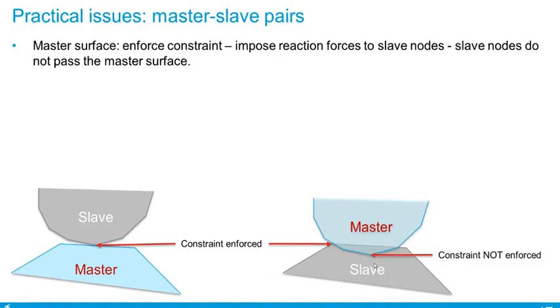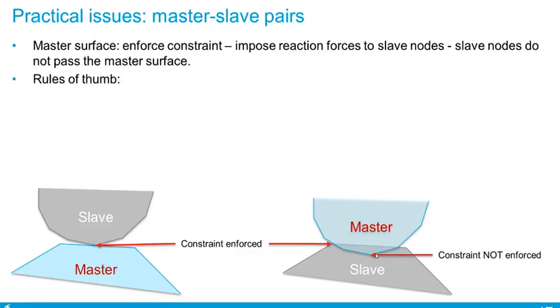A better approach is to use a different search algorithm where we have a group of nodes. For instance, we have a group of slave nodes searching together for whether contact is active or not. Then we have less chance of having this kind of interpenetration.